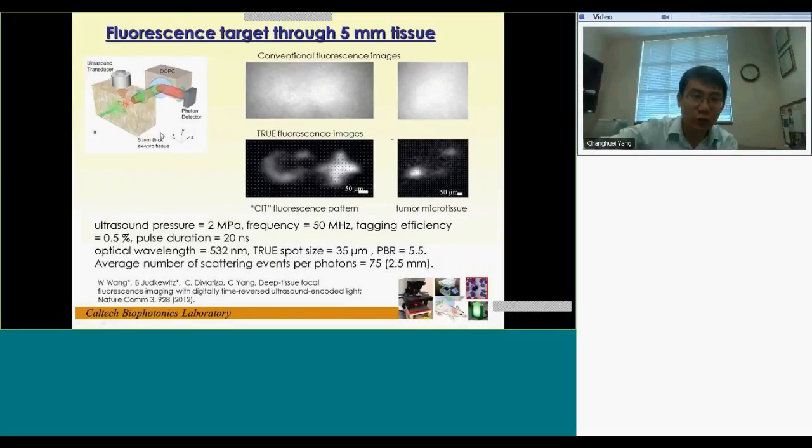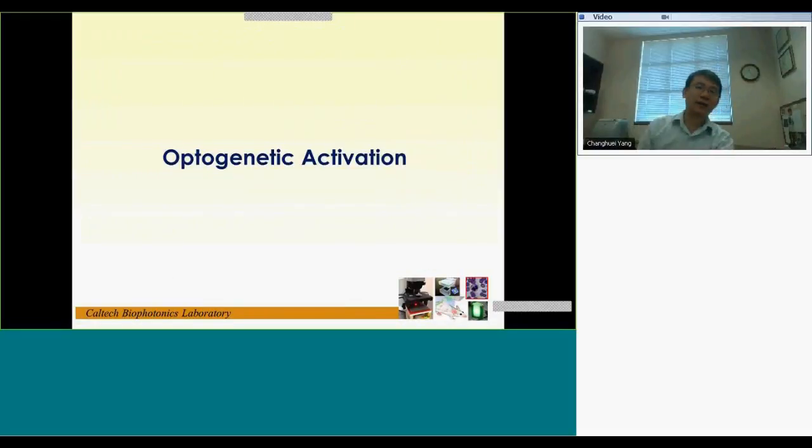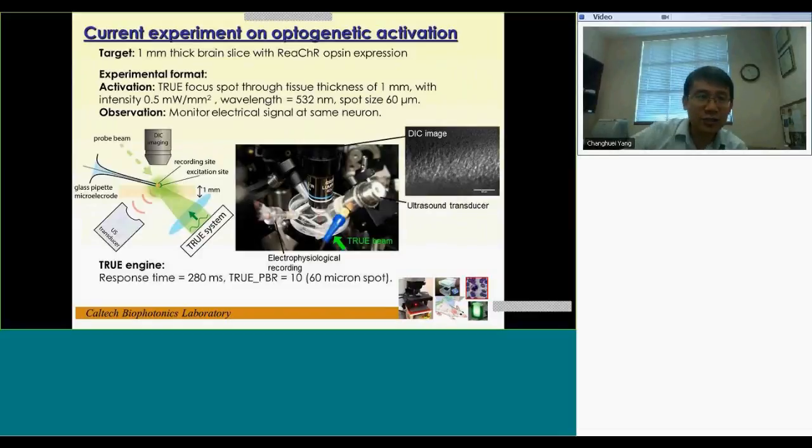Okay, so we have been adapting this scheme for use for optogenetic activation. Our current experiment is to simply show that we can use this method to optically activate an opsin-tagged neuron through a piece of brain slice that's a millimeter thick.